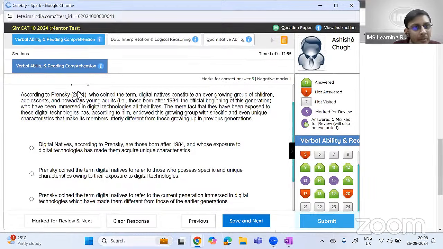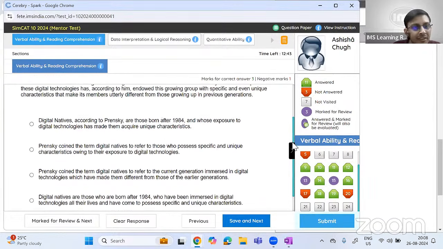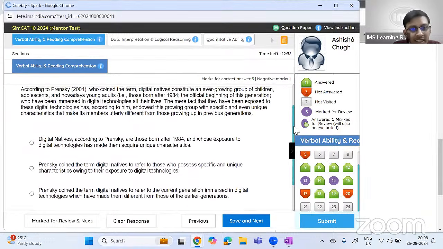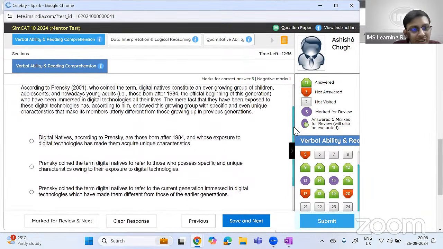Okay, important points are Prensky coining the term digital natives, about these groups of people immersed in digital technologies all their lives, and because of that, characteristics that make them different. Okay, if you look at the first one: digital natives, Prensky, born after 1984, exposure to digital technologies made them acquire unique characteristics. So what is missing, I can see, is all their lives. That seems to be important, and different from those growing up in previous generations.